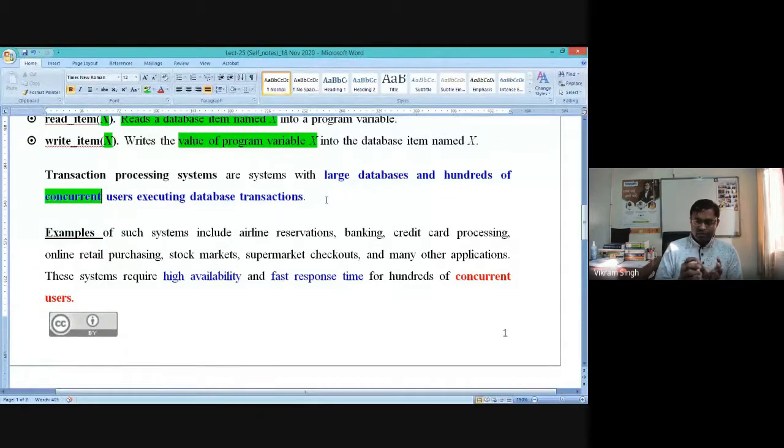It is the responsibility of the database processing system to create the impression that there are no other users accessing the same data value which you are trying to access, right? That is the responsibility of the transaction processing system.